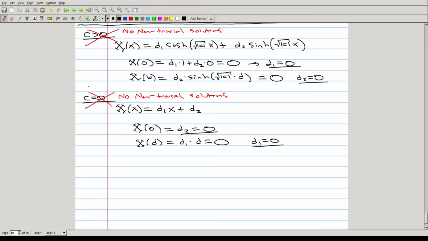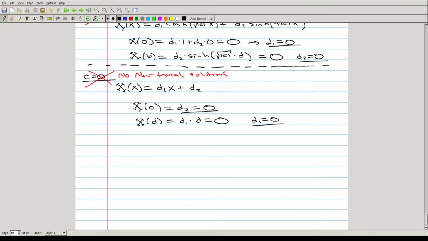And so the last hope here is that we can find a class of non-zero or non-trivial solutions for C less than 0. Specifically, we'll take C equal to negative omega squared and try and see if we can figure out what omega is.